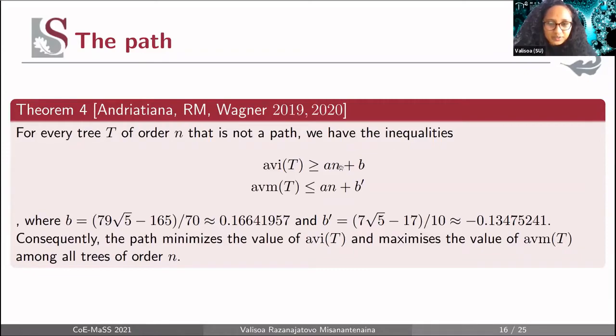And the average size of matchings of T is less than or equal to an plus b prime, where b prime is this. Consequently, the path minimizes the value of the average size of independent sets of T and maximizes the value of the average size of matchings.